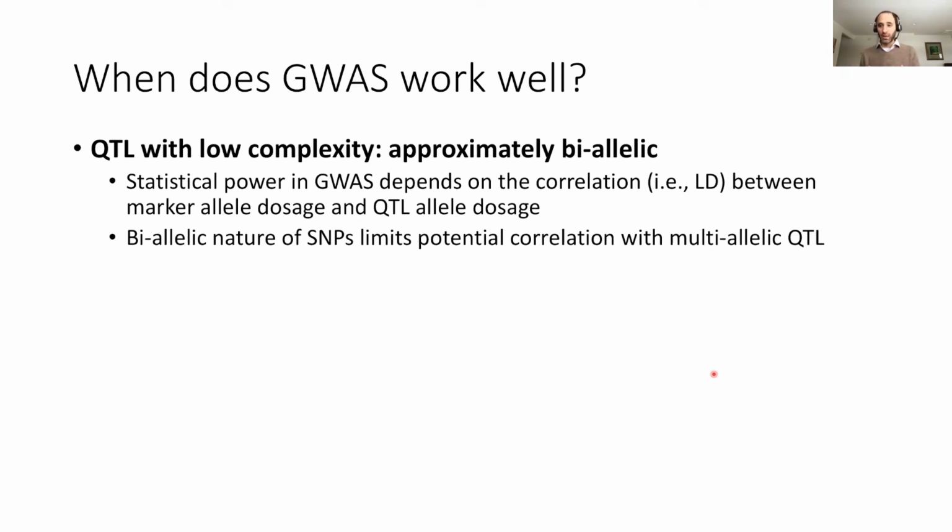They just don't line up. So it's not a question of frequencies even, you just have the wrong number of levels of your factor to get a high correlation. But if you have approximately biallelic QTLs, then you're more likely to find some markers that have approximately an allele frequency and an LD that matches that QTL.